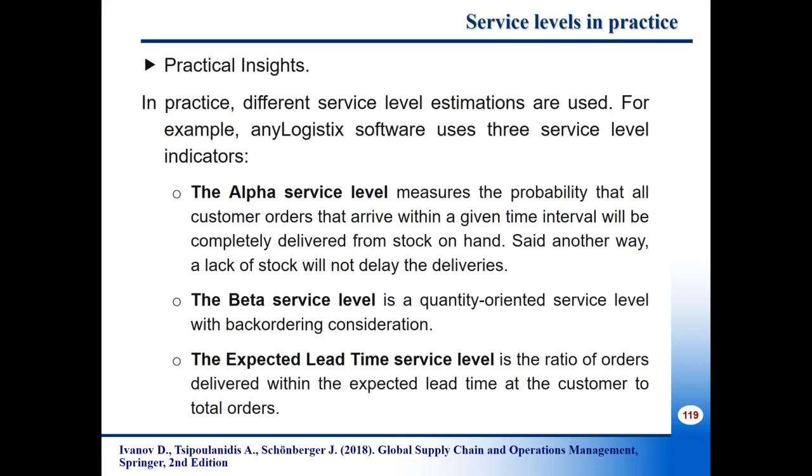Said another way, a lack of stock will not delay the deliveries. The beta service level is a quantity-oriented service level with backordering consideration. And then we also have an indicator for the expected lead time service level. It's the ratio of orders delivered within the expected lead time at the customer to total orders.